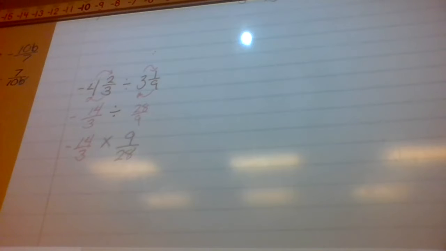Can you solve it from here? Go ahead. Could you cross reduce on this? It might make things easier for you.